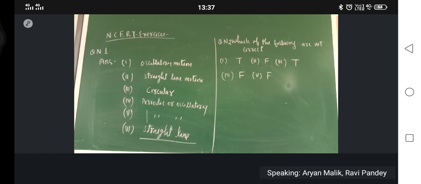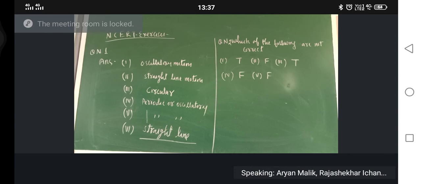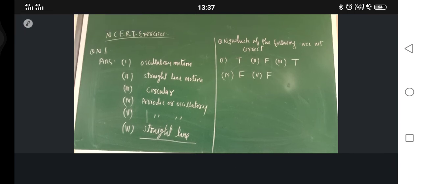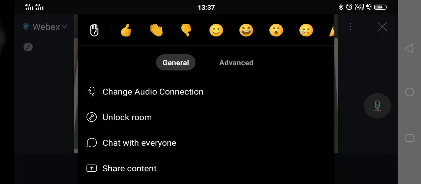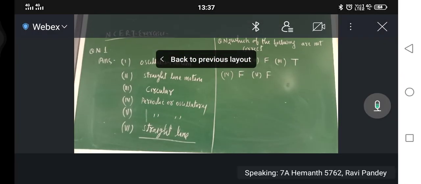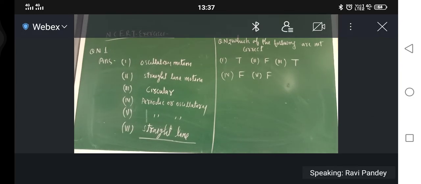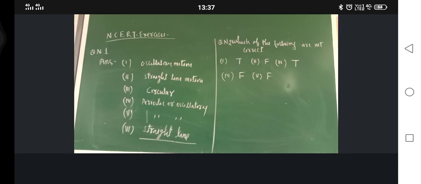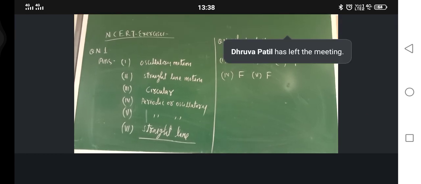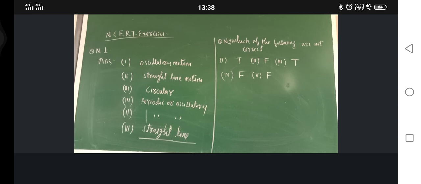Listen carefully. Where it is given not, it becomes false. Where not is not there, it becomes true. Correct? Yes, sir. In our textbook, it is the time period of a given pendulum is constant. So then it becomes true.